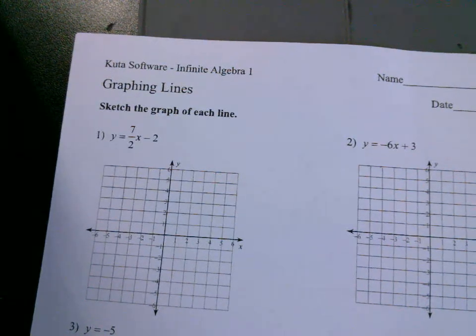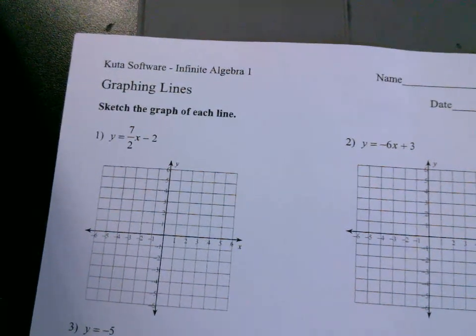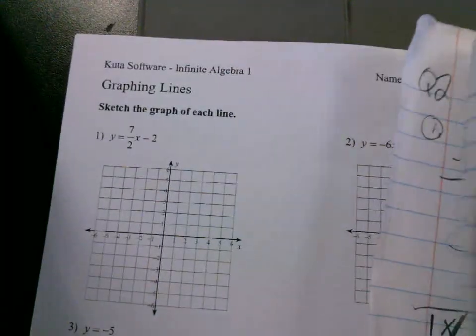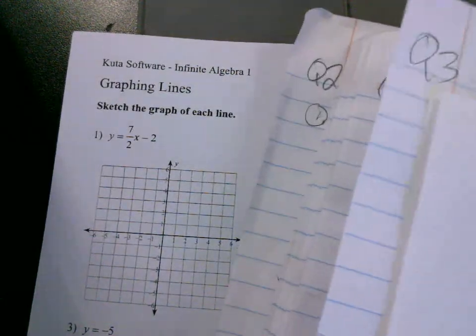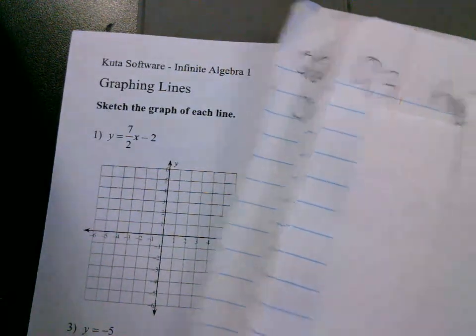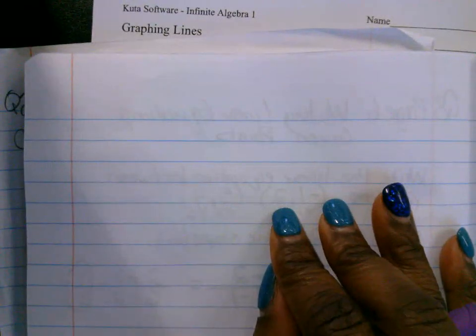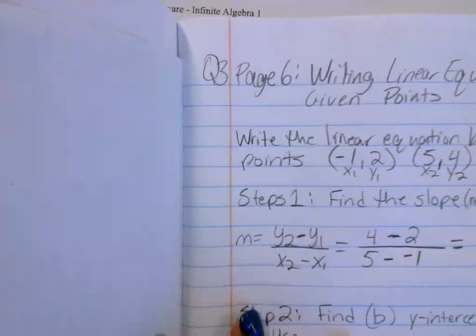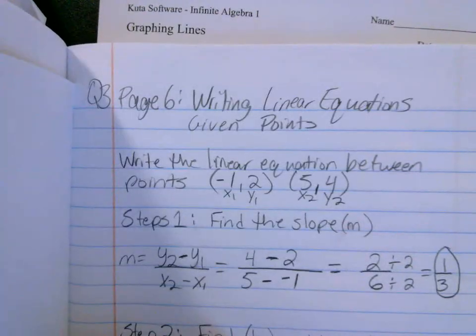All right. So graphing equations. Miss Reyes, you need to write this down. Take out your notebook, please, so we can write the steps in our notebook. We'll always have them. This is page 7. Page 6 was graphing equations given 2 points.